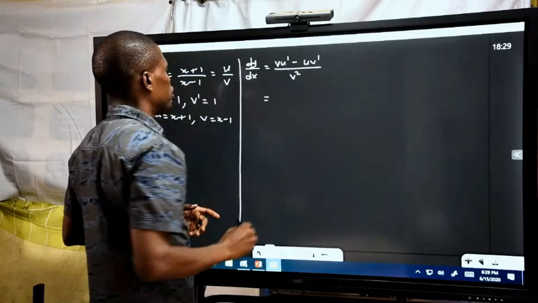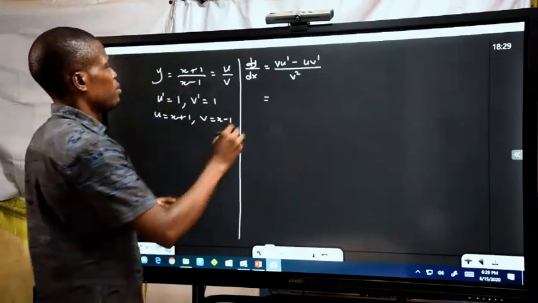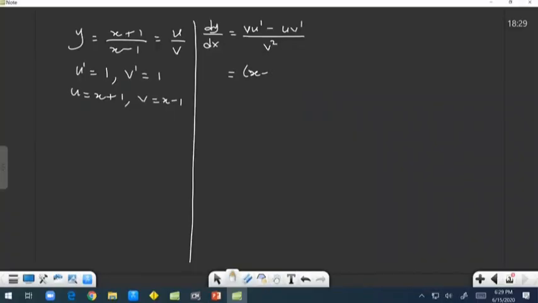So we substitute. v is x minus 1, u prime is 1, minus u. u is x plus 1, multiplied by v prime. v prime is 1 here. So we have v squared as x minus 1 squared.